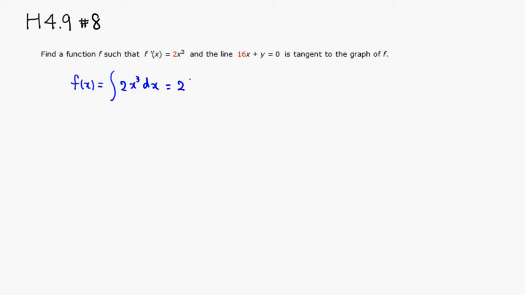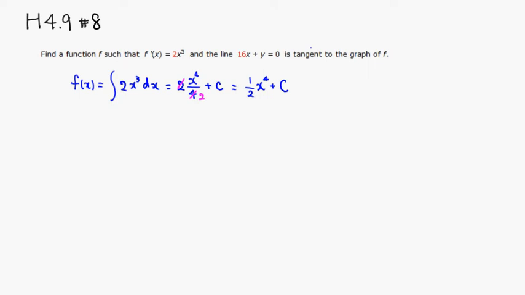Then power rule: add 1 to the power and divide by that power. Then you have plus some constant c. Then we can cancel 2 and 4, and there's going to be 2 left. So we have 1/2 x to the 4th power plus some constant c.